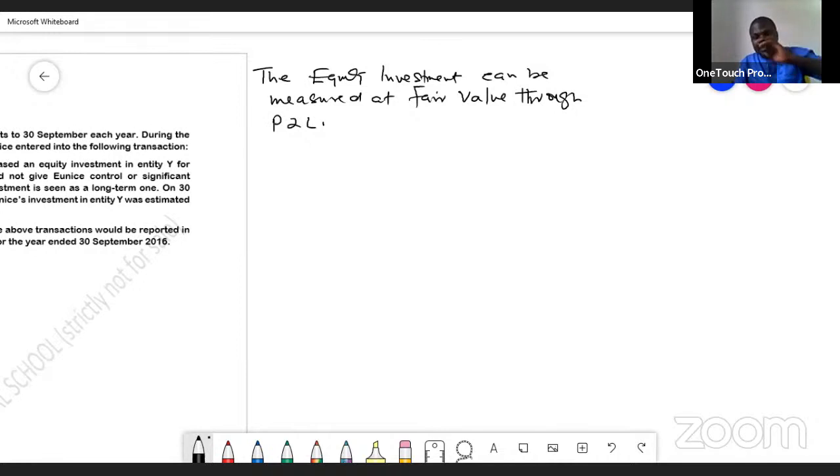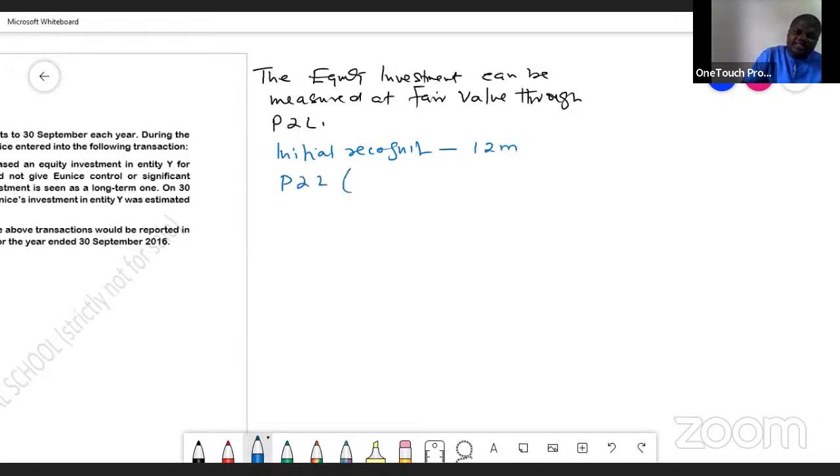Since that is the default method, initial recognition will be 12 million. And then in the P&L, you recognize fair value gain of 30 million minus 12 million. That will give us how much? 1 million.